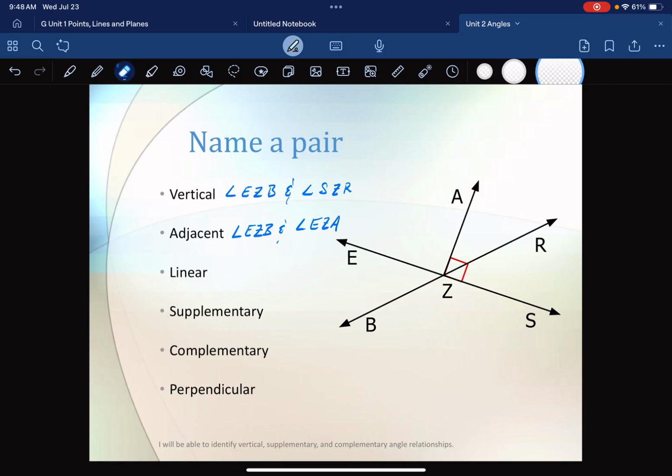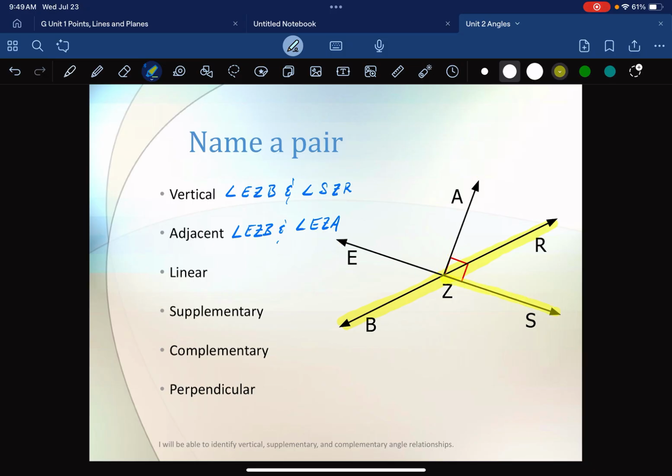Okay, a linear pair. Well, linears are adjacent, but you've got to be careful. They really appear on one side of a straight line. So what I like to do is identify a straight line first, and then just pick a ray that breaks off that line. So you could pick ray ZE or ZA or ZS.